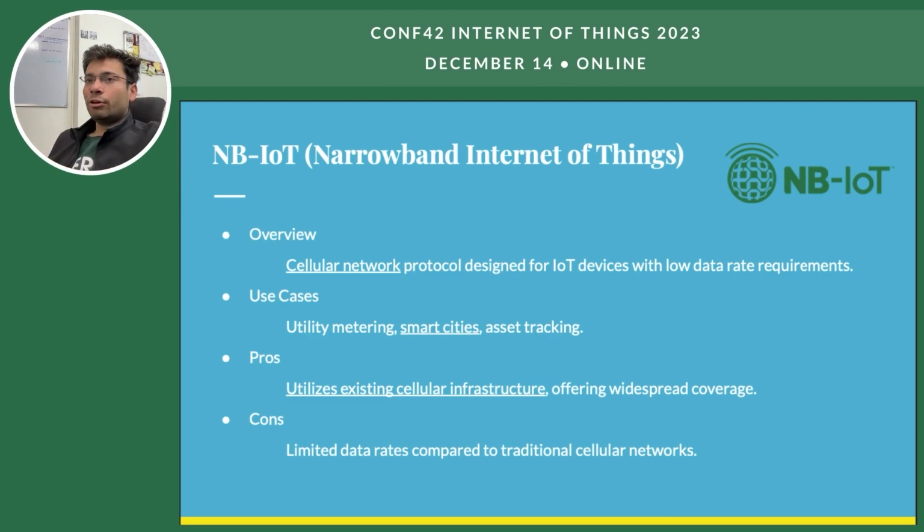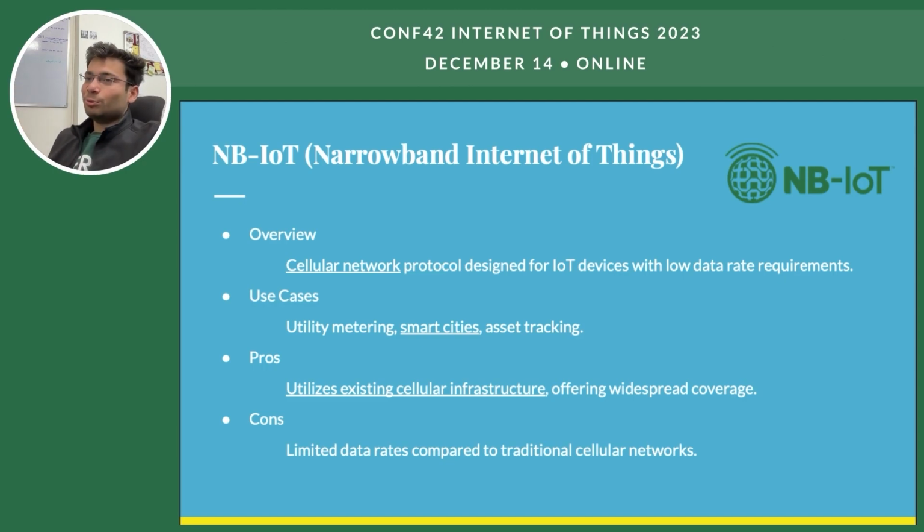Similarly for AT&T or any other provider. One advantage of NB-IoT is that these network providers don't have to install additional antennas to give access to this protocol. If AT&T already has thousands of antennas in a country, using those same 4G and 5G antennas, we can also give access to this NB-IoT protocol.